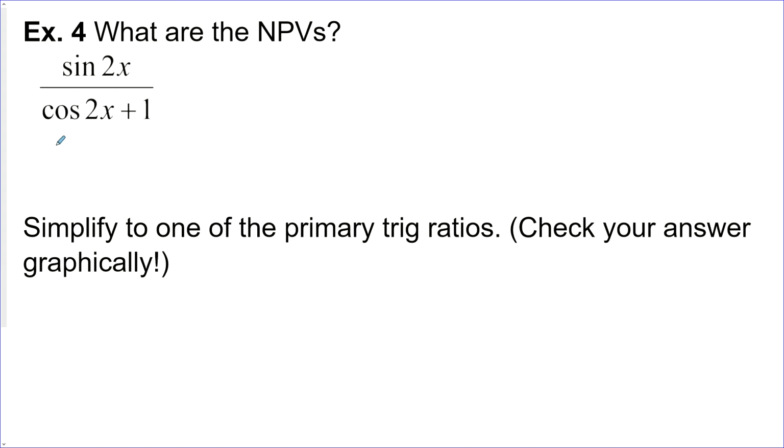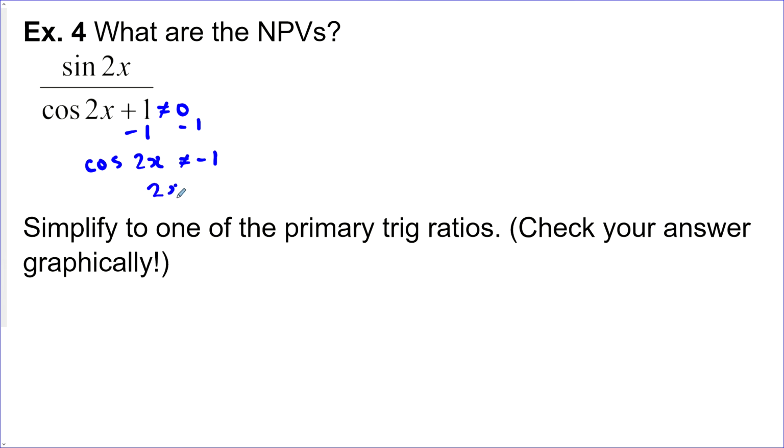Let's find the non-permissibles of this. Looking at the denominator, it cannot equal 0. So minus 1 on both sides, and we get cos 2x cannot equal -1. Now where does cos have a ratio of -1? That's at pi.